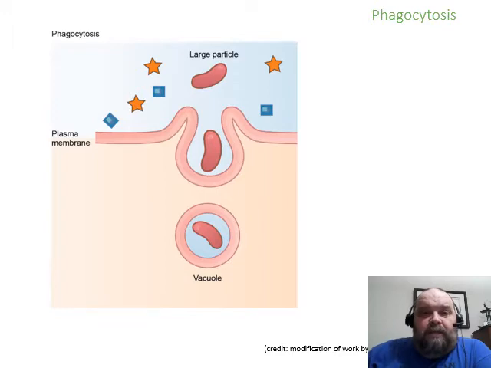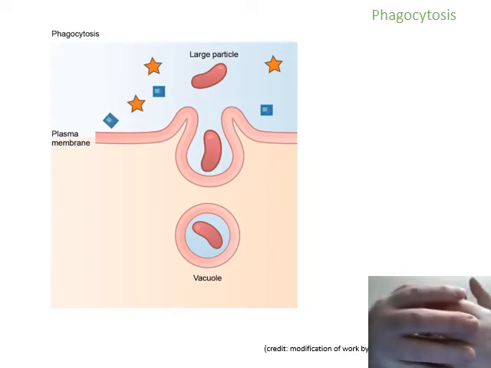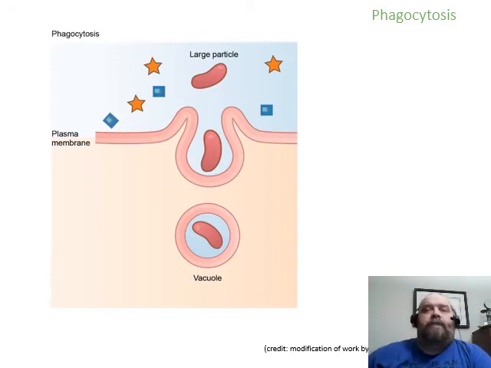When you look at phagocytosis, you see a large particle here. That jelly bean looking thing is supposed to be like a bacteria. A bacteria comes into contact with one of your cells inside your body. What's going to happen is the plasma membrane is literally going to reach out, enfold around it, and pull it in. And it's now within a lipid bubble.